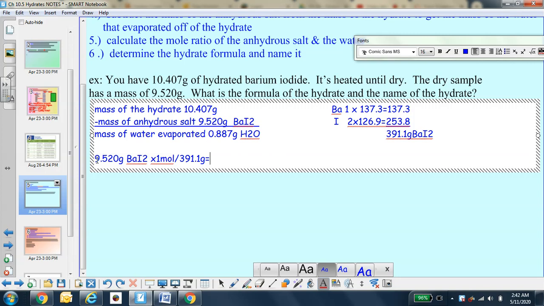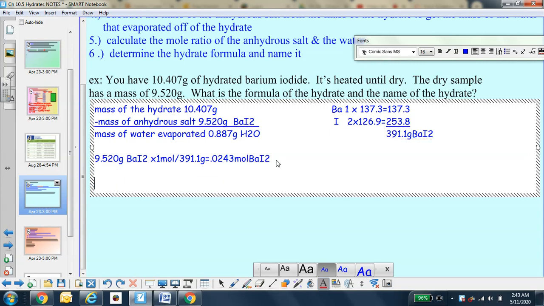Okay, so once we get our trusty calculator out, this comes out to be 0.0243 moles of barium iodide, the dry sample. Now we're going to do the same kind of a conversion with the amount of water that was evaporated away.